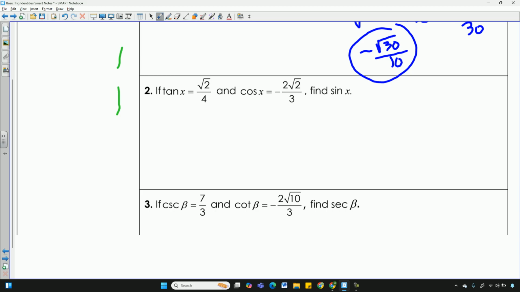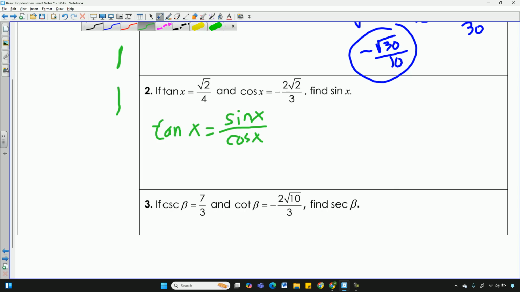Okay, perfect. So what we know is that if tangent is this and cosine is this, find sine. So let's remember that tangent of x is sine of x over cosine of x. And then let's fill in what we know.